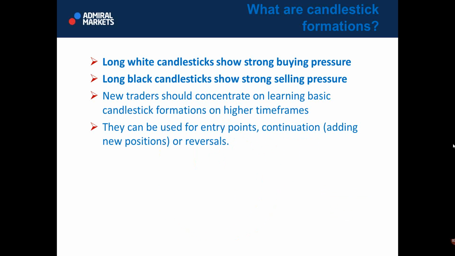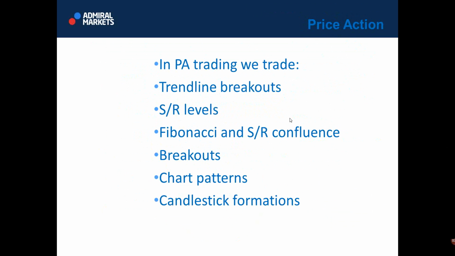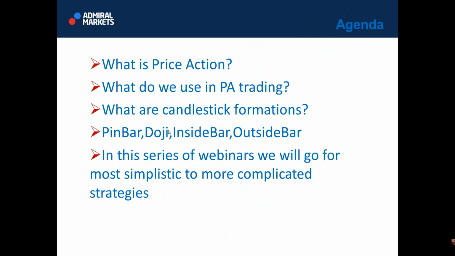Most of the time those are reversal signals, because in candlestick formations we have more reversal than continuation signals. Now let's talk about those candlestick formations: pin bars, dojis, inside bars, outside bars. Those are used in the strategy which I'll explain, and we need to talk a little about them.